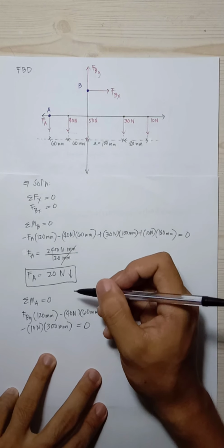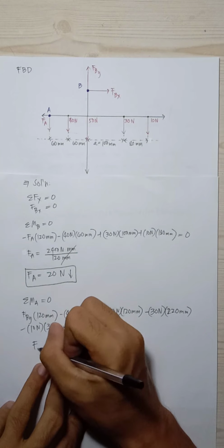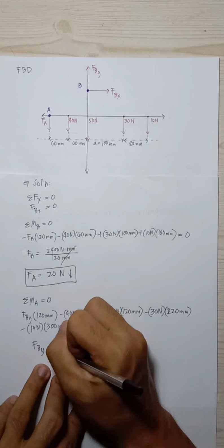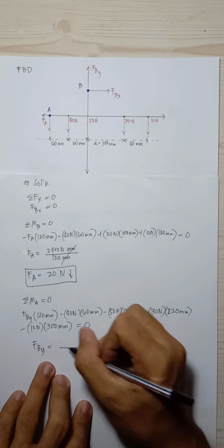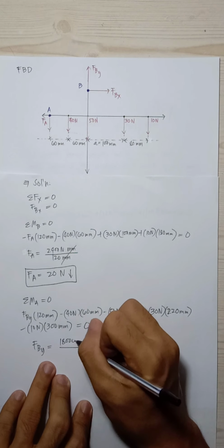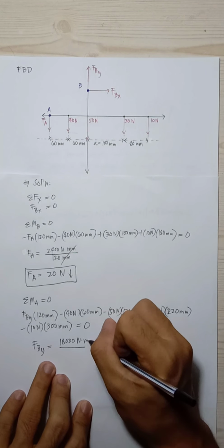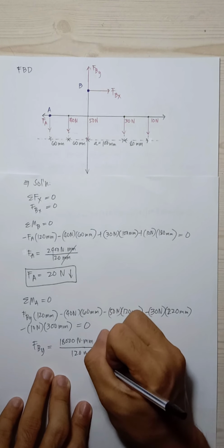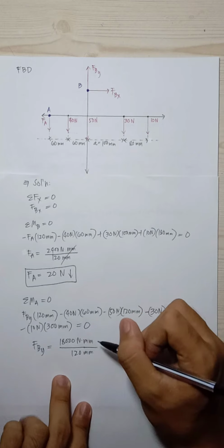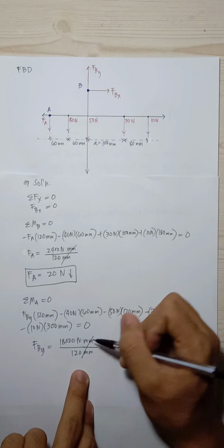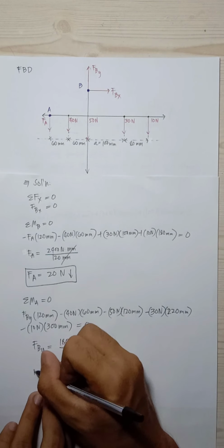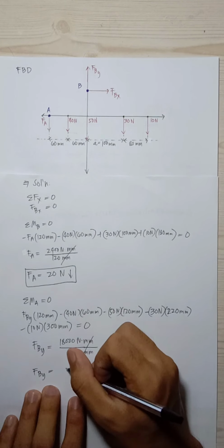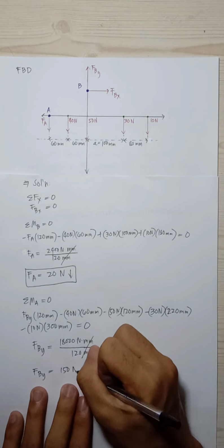By simplifying, we can obtain the value of the force in point B along the y direction, which is equal to 18,000 Newton times millimeters divided by 120 millimeters. By division, canceling millimeters, we have the value of 150 Newton.